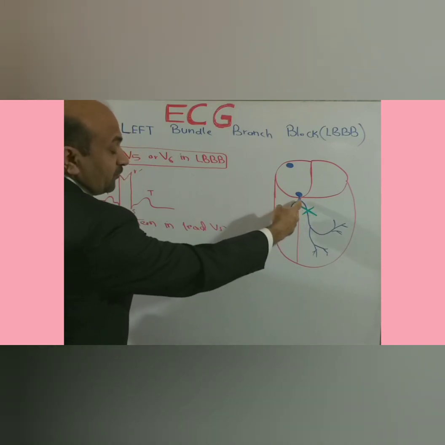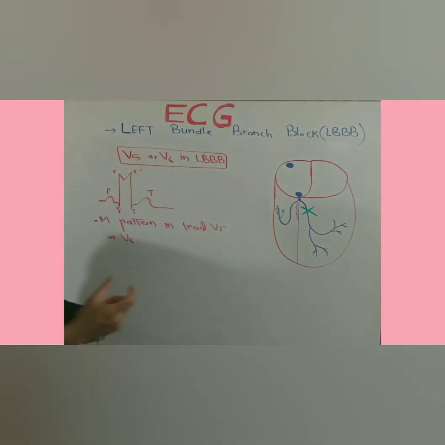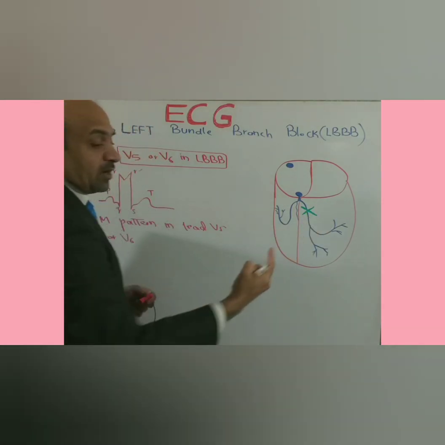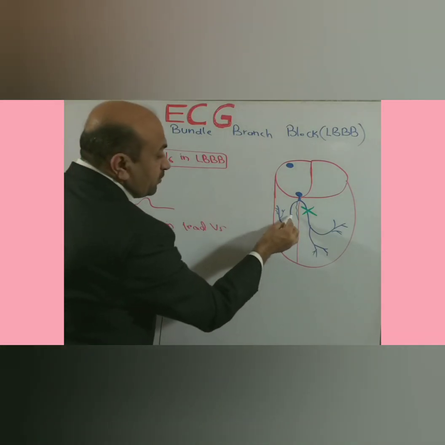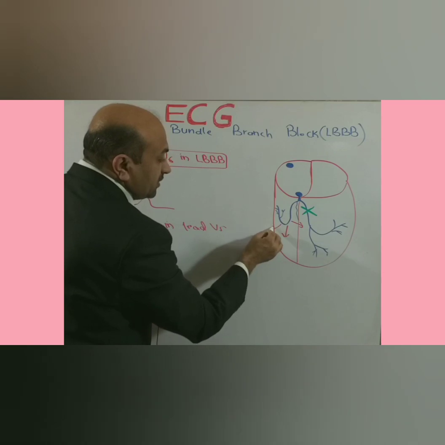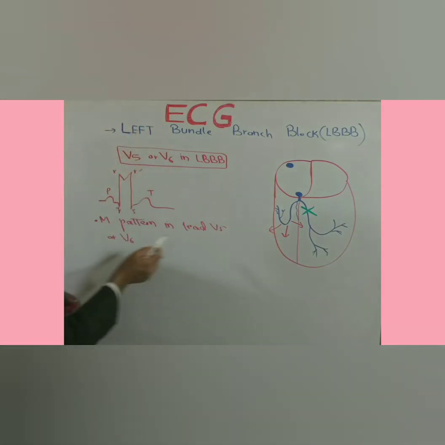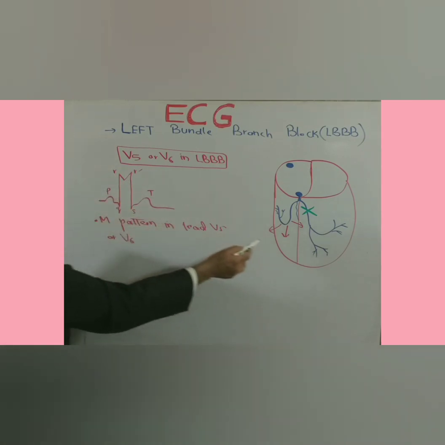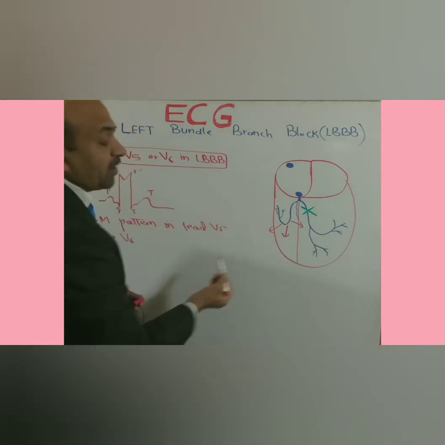So when the myocardium of the right ventricle is depolarized, there is no depolarization of the left myocardium at the same time. The wave of depolarization of the right myocardium will be going towards all of these leads. So even in lead V5 and V6, you will see a positive deflection as a result of the wave of depolarization of the right myocardium.